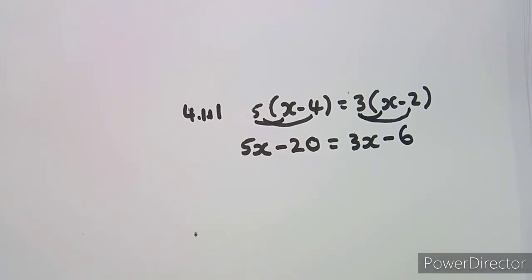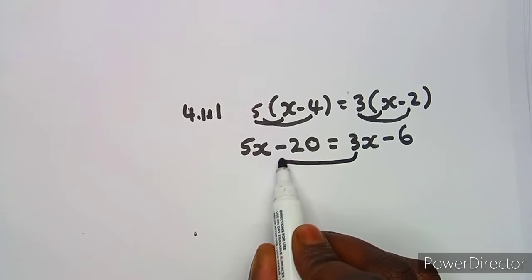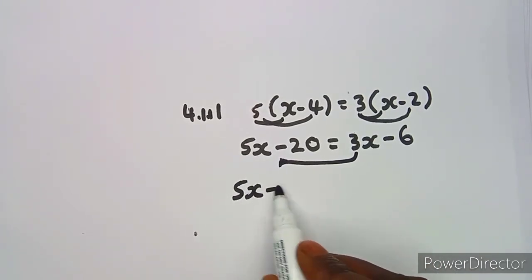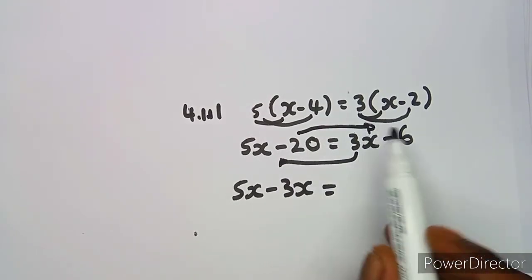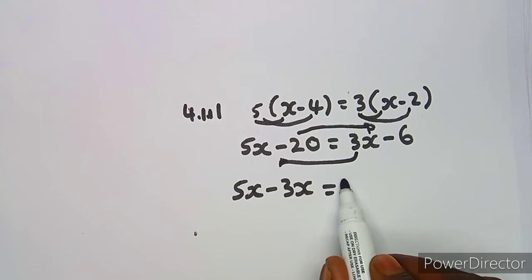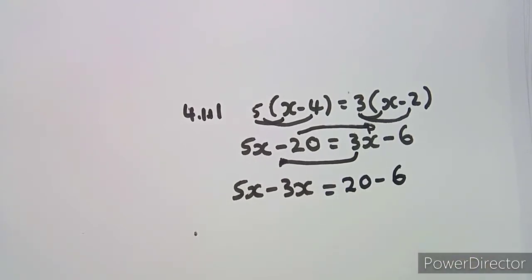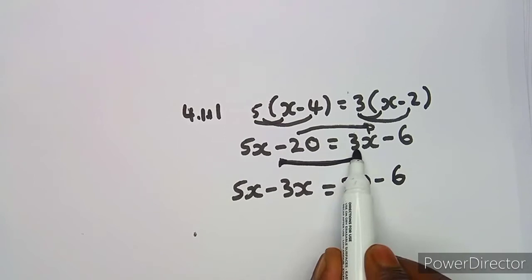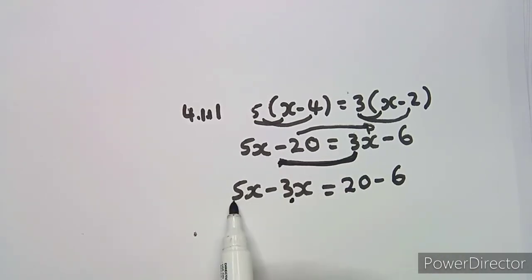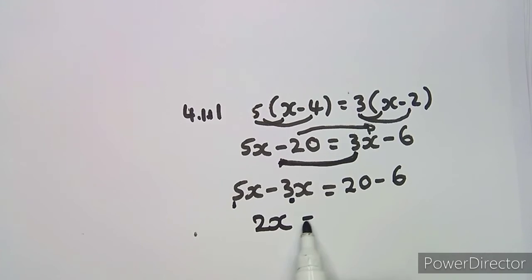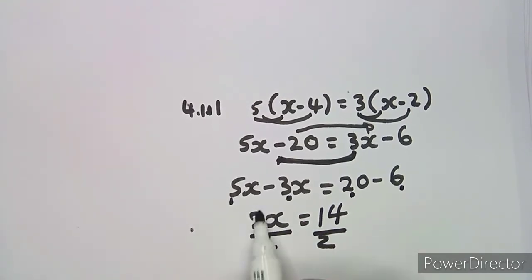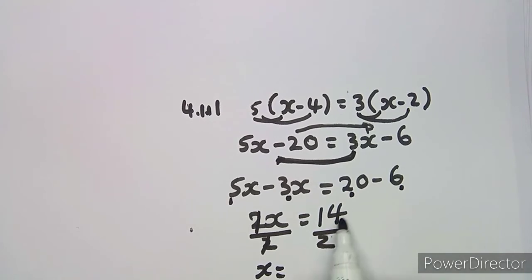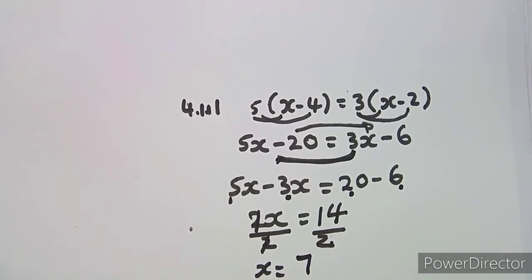Then I collect like terms: 5x minus 3x is equal to, transposing minus 20 to this side, plus 20, minus 6. So 5 minus 3, which is 2x, is equal to 20 minus 6, which is 14. Divide by 2 to find x. So x is 14 divided by 2, which is 7.